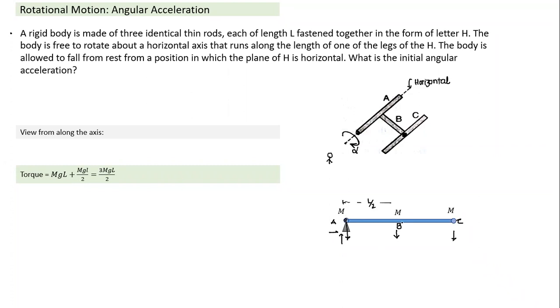The torque due to the weight of B and of C will be mg into L. If I imagine this rod to be composed of small pieces, wherever the weight acts, the distance from the axis is constant. All are at a distance of L from the axis. So 3mg times L by 2 becomes my torque here.